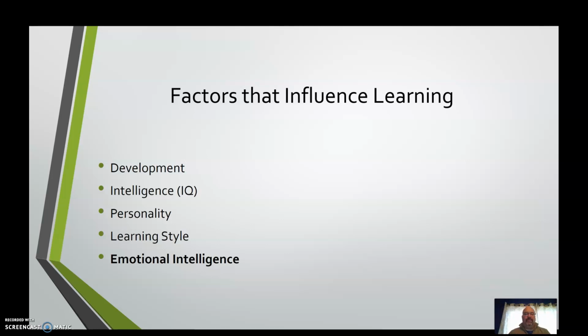So there are a couple of different layers to emotional intelligence. Those different layers were expressed by Terry Bradbury in his video regarding emotional intelligence.